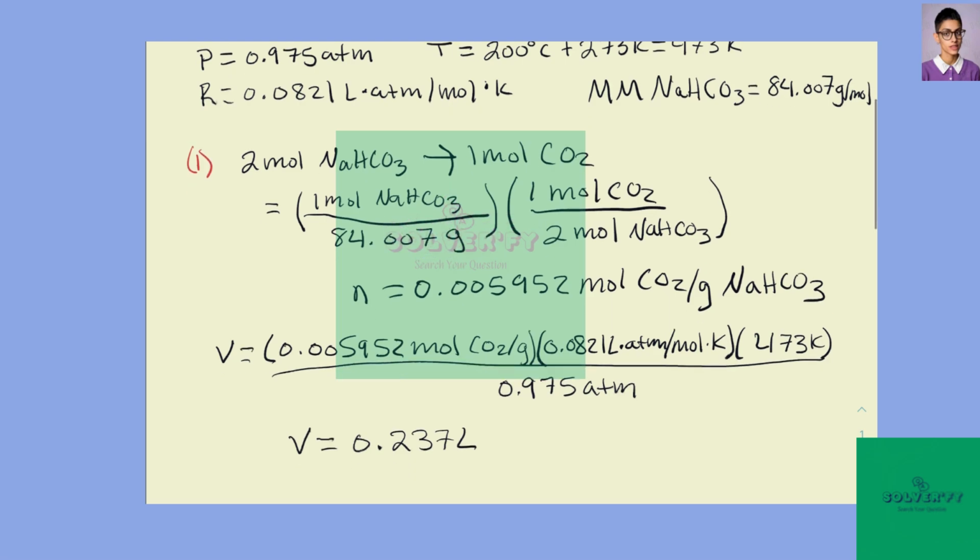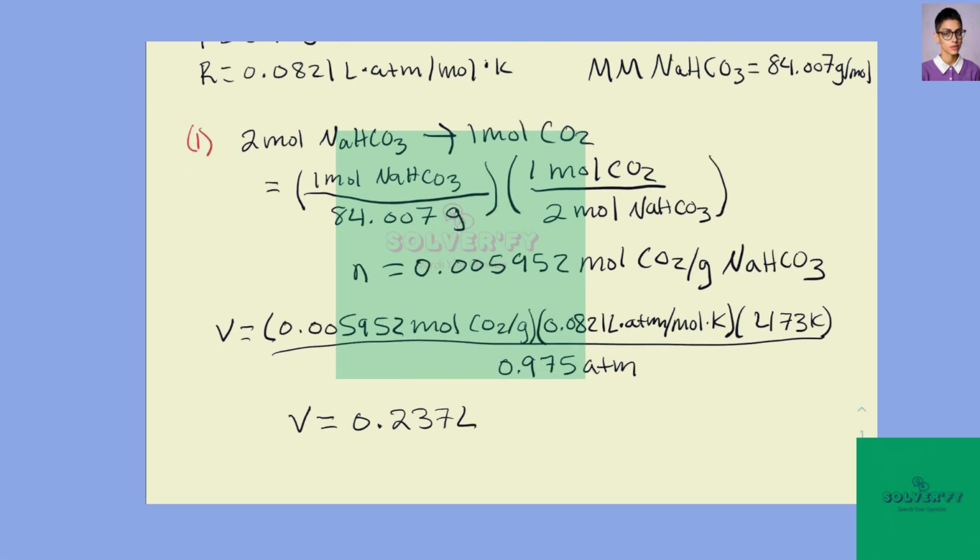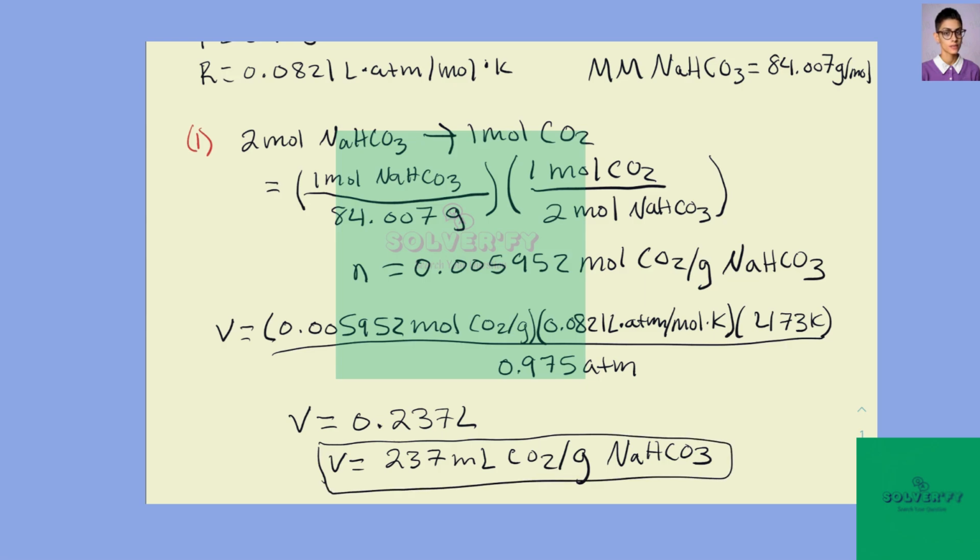They are asking for this in milliliters, so I'm just going to convert this. So our volume is going to be 237 milliliters CO2 per gram sodium bicarbonate. So this is the answer to the first reaction.